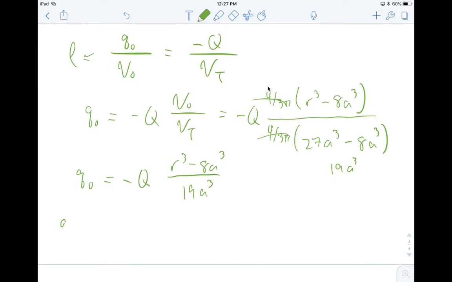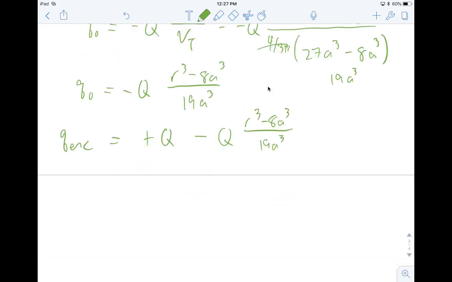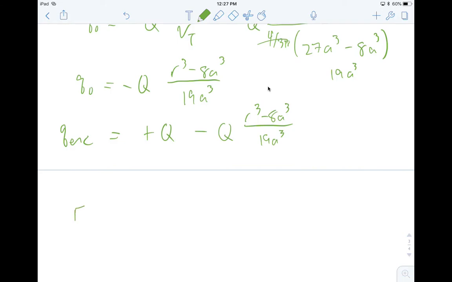That means Q enclosed is positive Q minus Q times r cubed minus 8a cubed divided by 19a cubed. Putting the left side and right side together, we have E 4 pi r squared equals Q enclosed over epsilon naught, or Q minus Q times r cubed minus 8a cubed over 19a cubed, divided by epsilon naught.